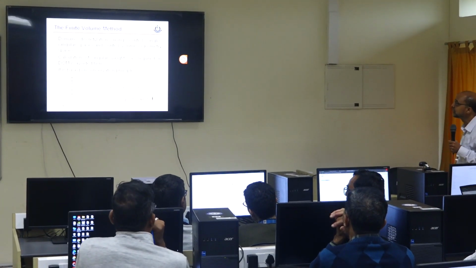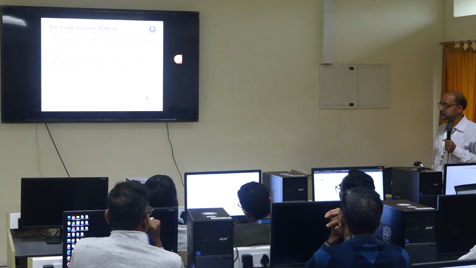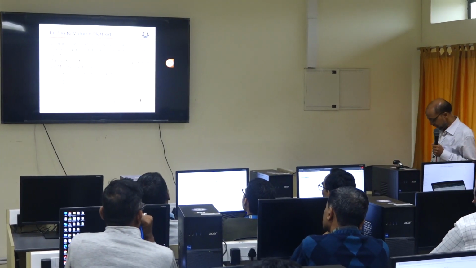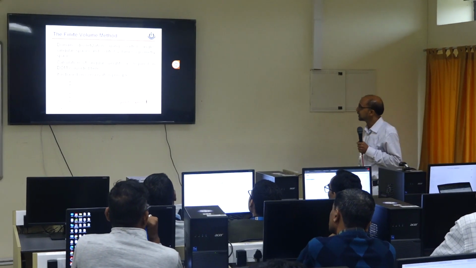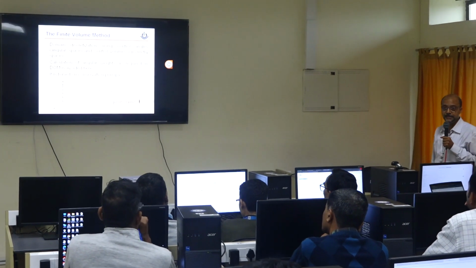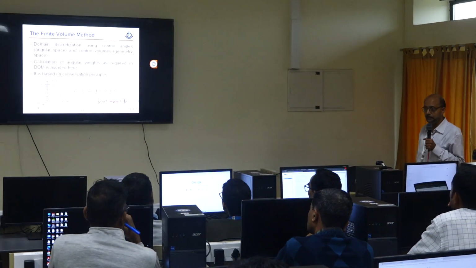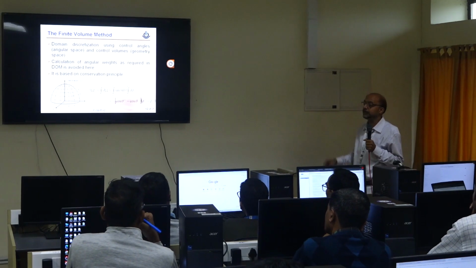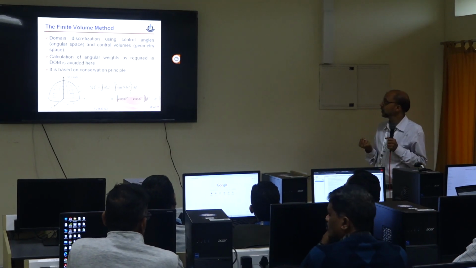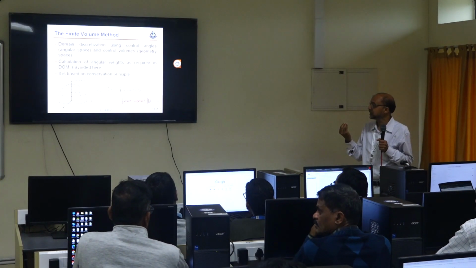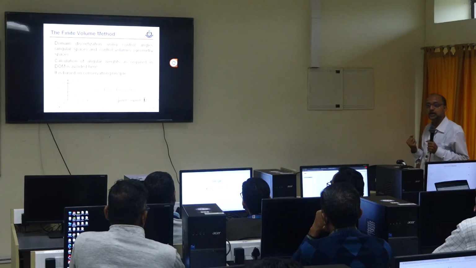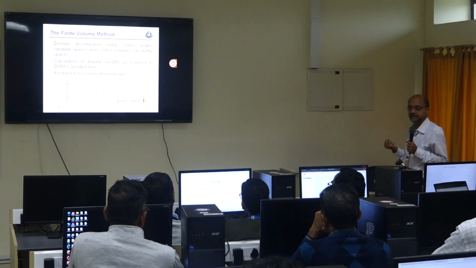And the control volume for geometrical space is quite extensively used for conventional CFD related heat transfer problems. The calculation of angular weights as required in the discrete ordinate method is avoided here. You can completely avoid calculating any directional weights, because we have developed the concept of control angle, and based on that we can easily compute our equivalent angular quadrature sets based on our distribution of angular space.